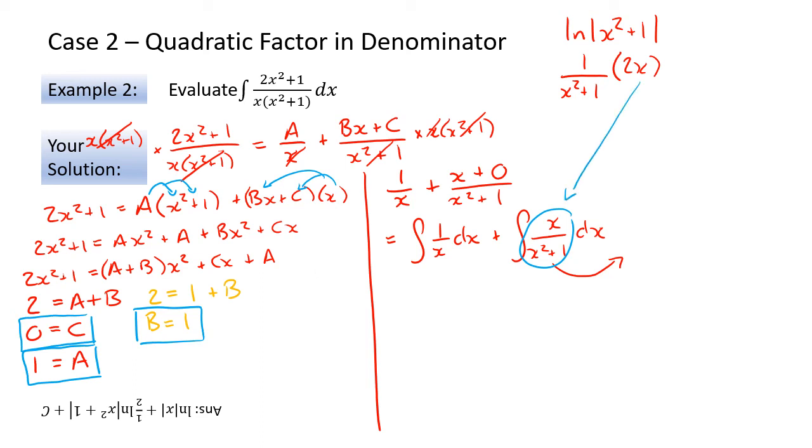So to remove that, we'd have to multiply our final integral by 1 divided by 2. So knowing this, our final answer then becomes, for the first expression, the 1 over x times dx, the ln of the absolute value of x. For the second expression, remember we have to account for that too. So it's 1/2 times the ln of x squared plus 1. Okay, again, the absolute value. And lastly, we can add a constant.